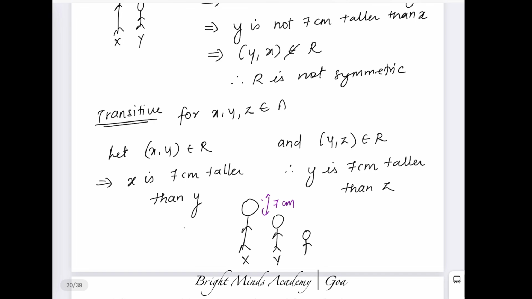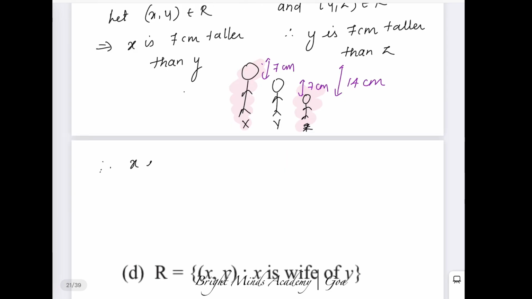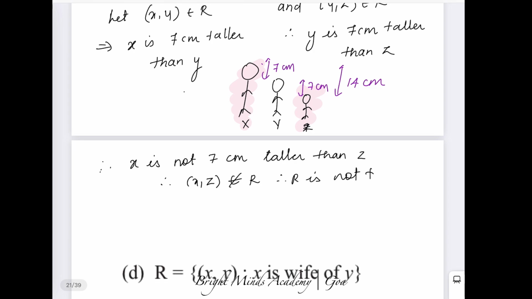This is z, and again the difference between these two is 7. So if you consider x, y and z, the difference between them is going to be 14 centimeters in total. Therefore x is not 7 centimeters taller than z, therefore (x, z) does not belong to the relation R, therefore R is not transitive.